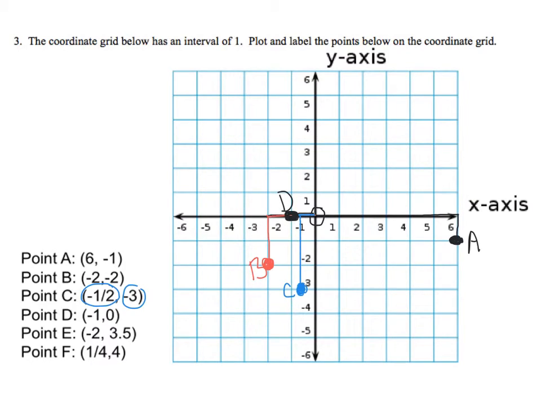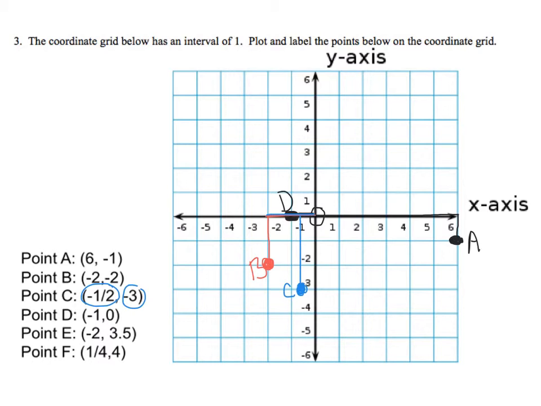The next one, point E, -2, 3.5. I'm spending a lot of time on the negative side, boy. So from the origin, I'm going to go along the x-axis to a -2. So I'm going to go 1, 2. I'm going to switch colors here, actually. I'm going to make this one blue. Okay, so again, starting at the origin, I'm going to go over to -2.